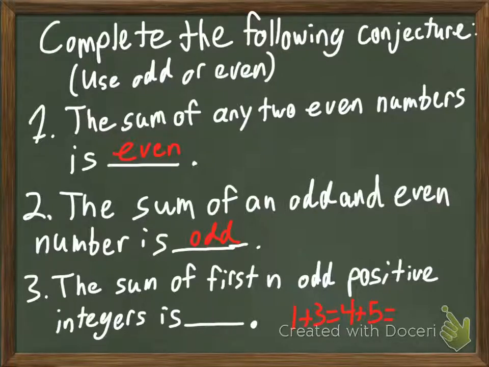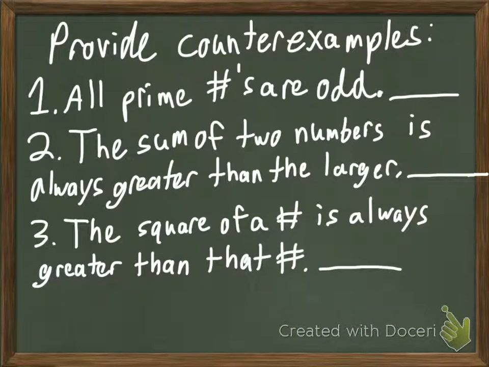Plus 5 is 9. Plus 7 is 16. So it looks like we go even, odd, even. So what I'm going to say here is the pattern seems to be even, odd.